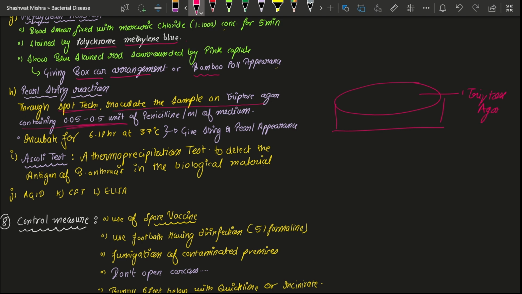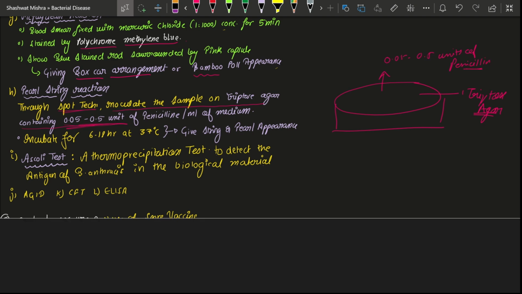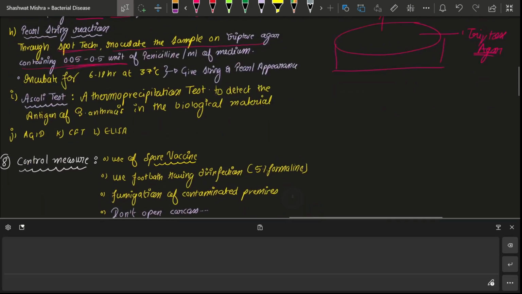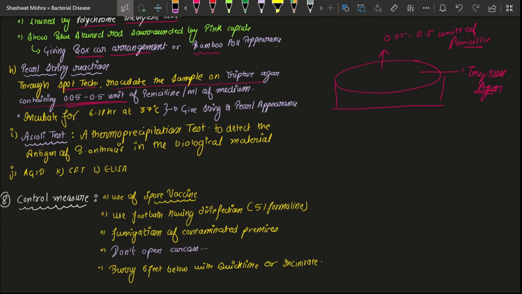This particular tryptosaccharide has 0.05 to 0.5 units of penicillin, right? The culture plate has 0.05 to 0.5 units of the penicillin.